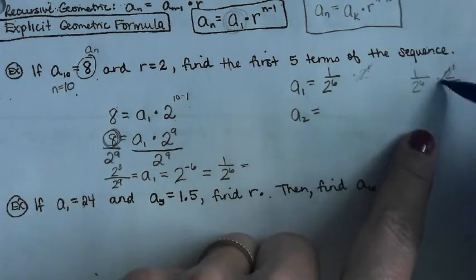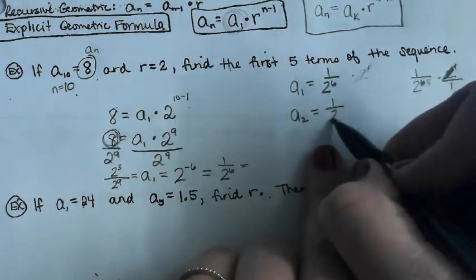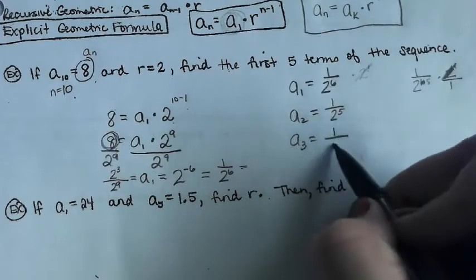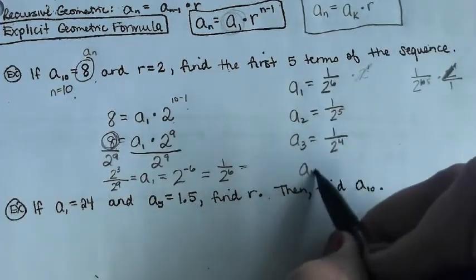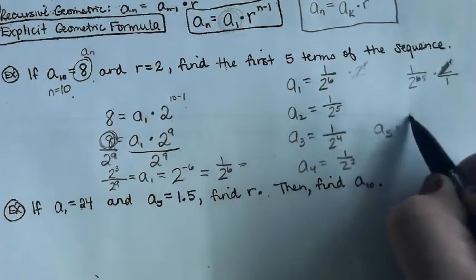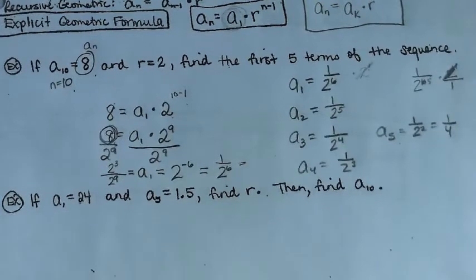So this 2 will cancel with one of those 6, making it 1 over 2 to the 5th. And that's going to happen over and over again. So the next one will be 1 over 2 to the 4th. The next one will be 1 over 2 to the 3rd. And the last one will be 1 over 2 squared, which is 1/4.